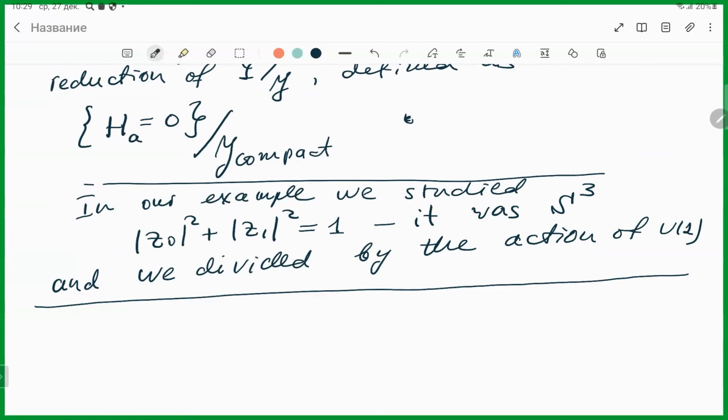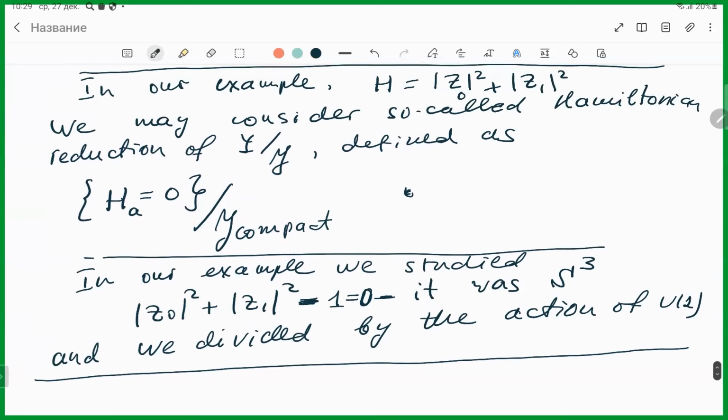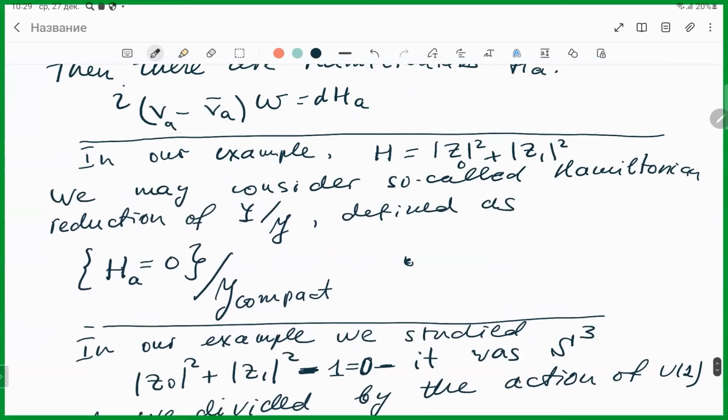Professor, you write in the bracket that H_A, the Hamiltonian, is equal to 0, but afterwards you write z1 squared minus 1. Yes, actually, thank you, plus constant.